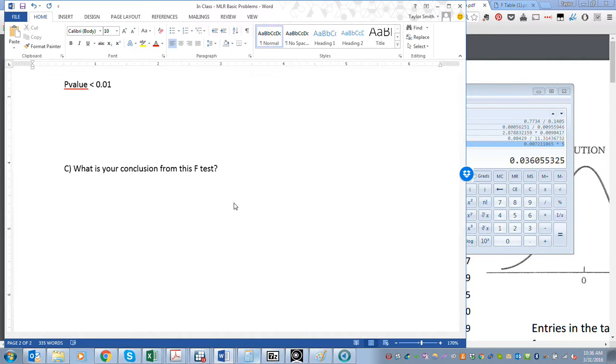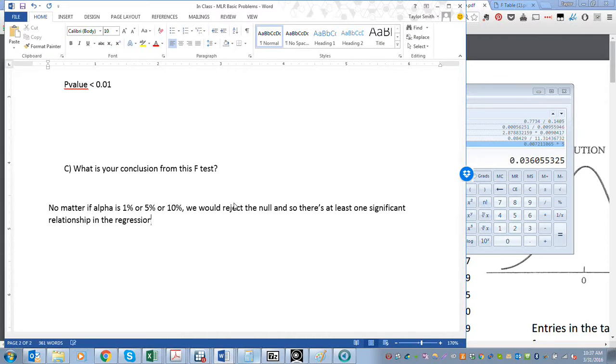So no matter if alpha is 1%, 5%, or 10%, we would reject the null. And so there's at least one significant relationship in the regression equation.